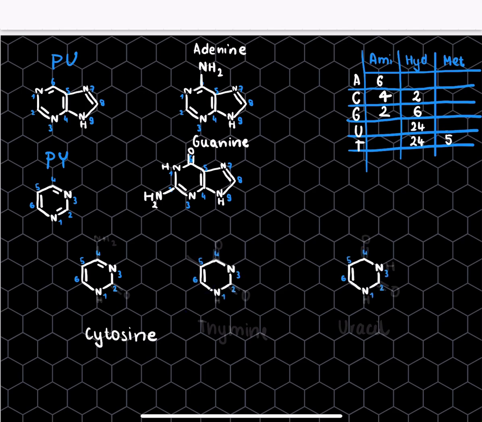So it's very easy. Just please note that in some cases you break double bonds, and sometimes you need to attach H to nitrogen in the ring.